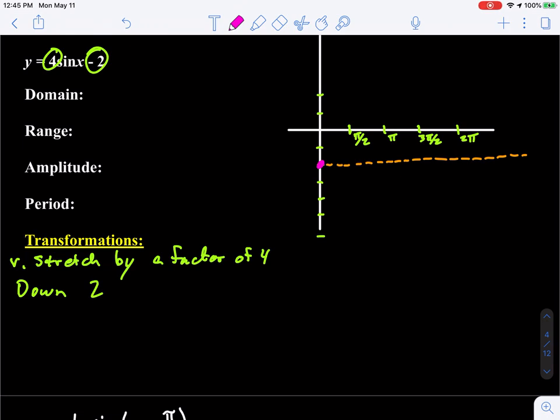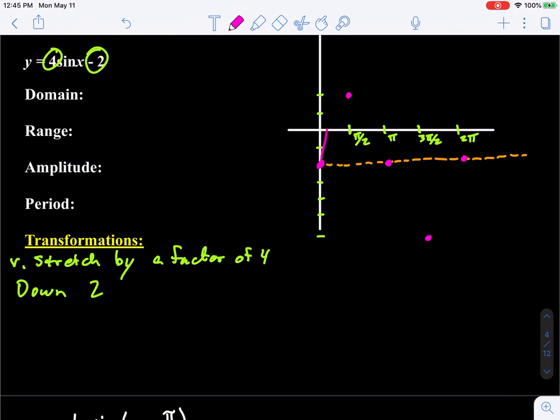Well, 4 is your vertical stretch. That is also your amplitude. So if you go up 4, that is where the highest point is going to be. The next x value will put you back on the central axis, and then you'll go to the lowest point, and then back to the central axis once again.